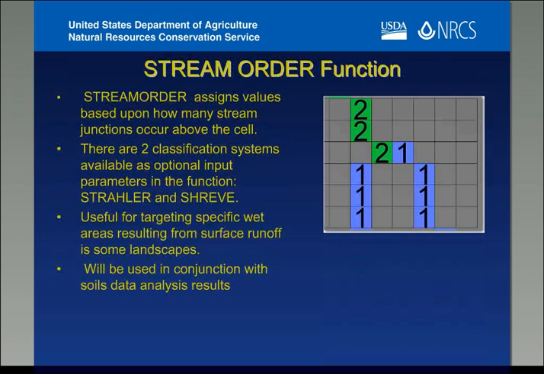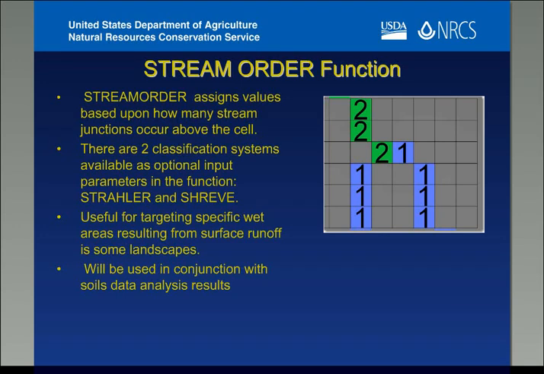And then the stream order function is a hydrologic tool that allows the values to be assigned to the cells that indicate how many stream junctions occur above that cell. And there are two classification systems available in this software tool. One, the default value, is the one that's preferred by the hydrologist.